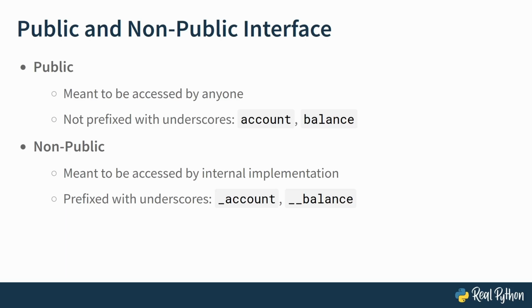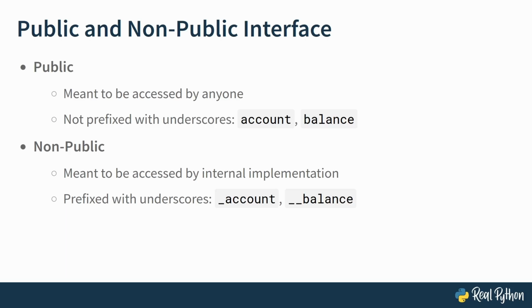Whereas the non-public interface is meant to be accessed by internal implementation only. And we will see an example of what that means. Actually, in the next lesson, we will see plenty of examples of what that means. But importantly, these are prefixed with underscores. So they start with 1 or more underscores. For example, _account or __balance.